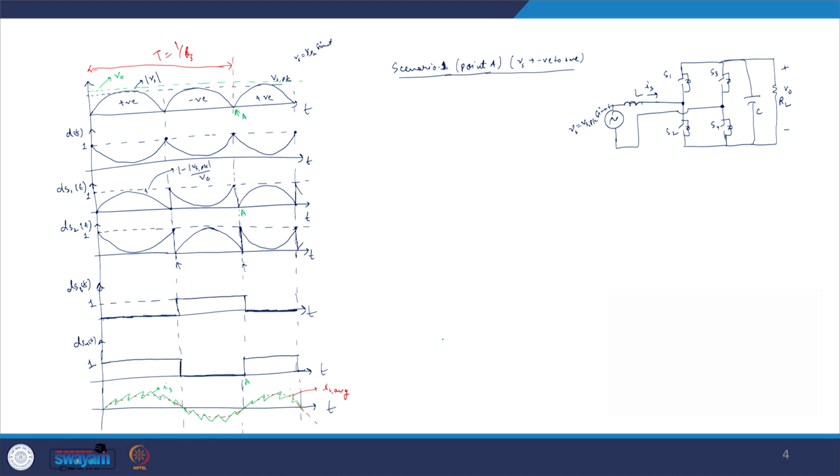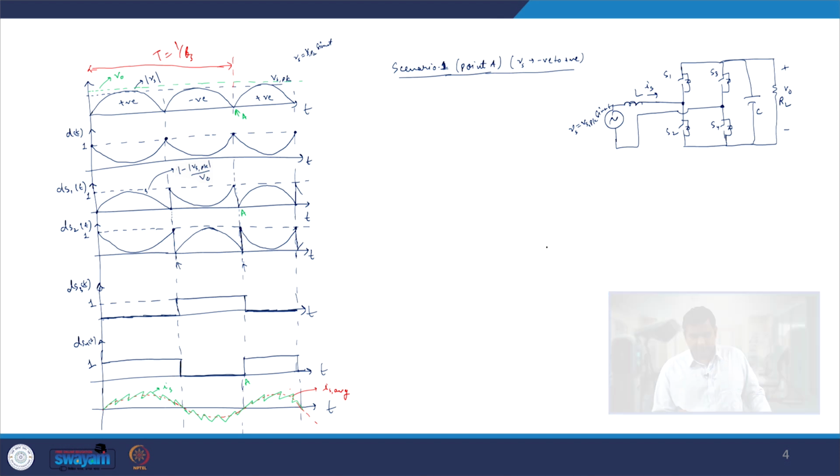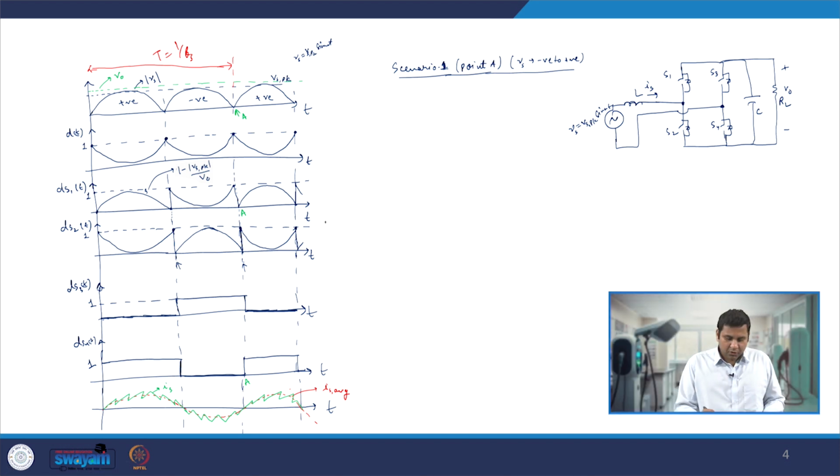So if we look very carefully, in scenario 1 where we are going from the negative cycle to the positive cycle, during that time my duty ratio of S2 is going from 0 to 1. So DS2 goes from 0 to 1 and my DS1 goes from 1 to 0.